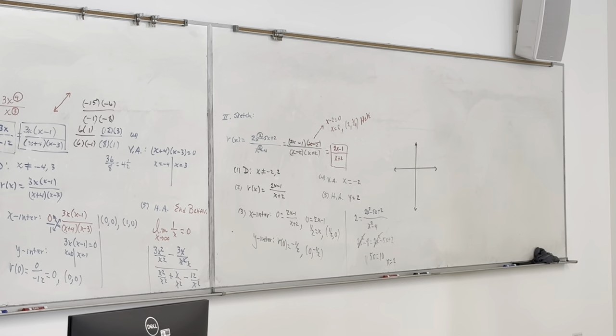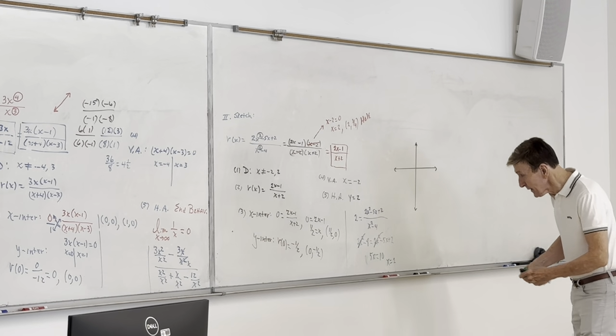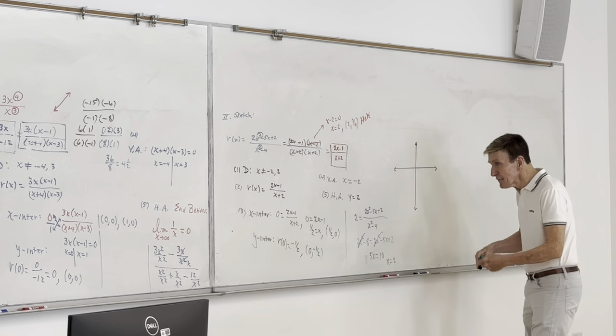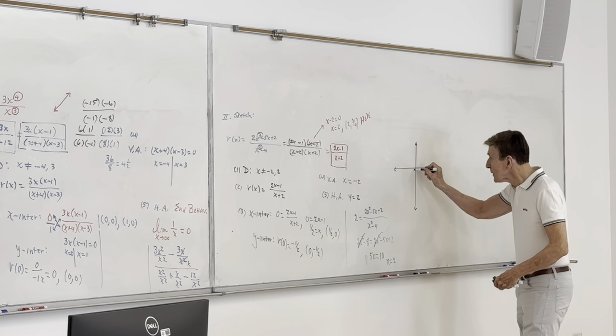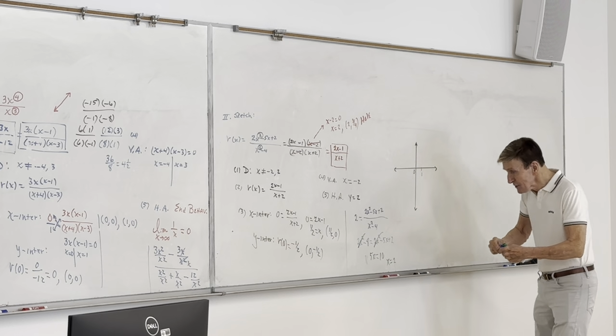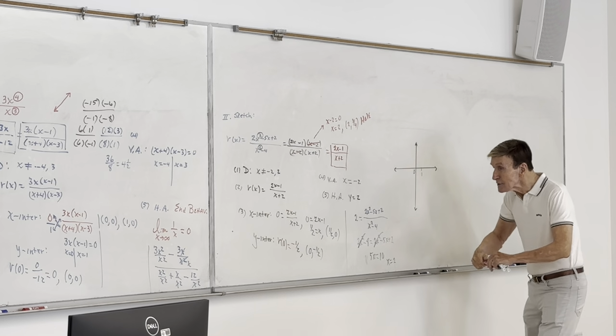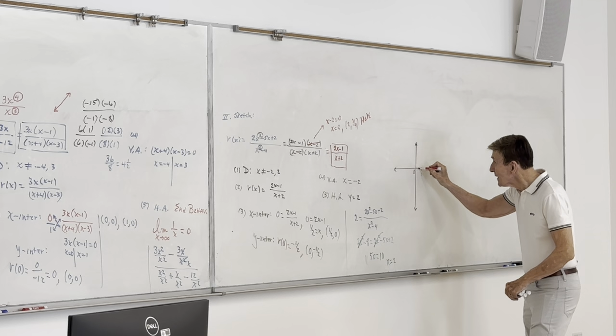Let's see what this looks like before we get all this done. Okay, here goes the x-intercept. We go out to 1, out to 1/2. Label this as 0, this is 1, and my x-intercept is right here at 1/2.